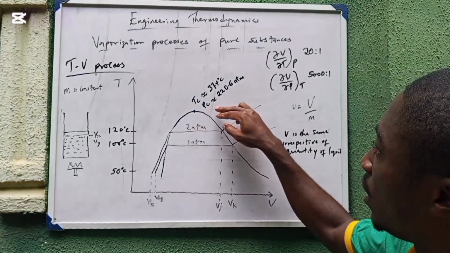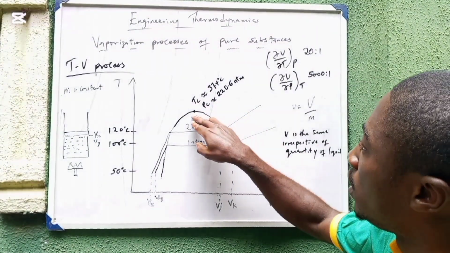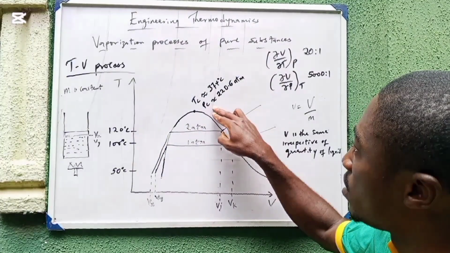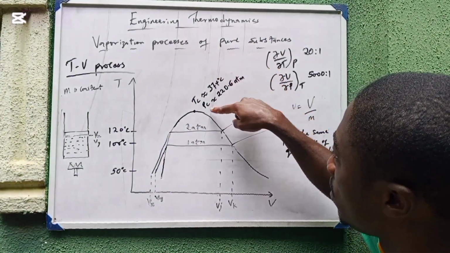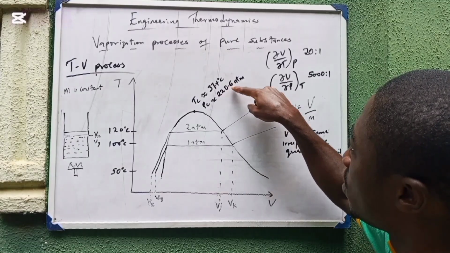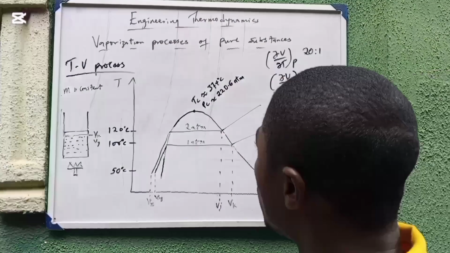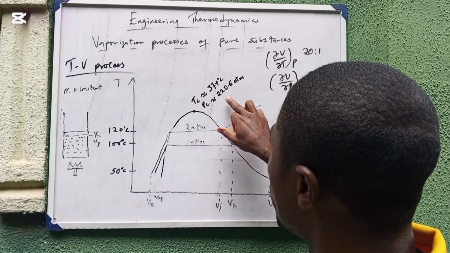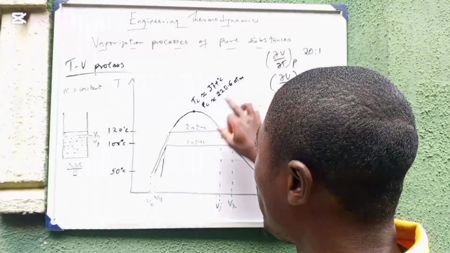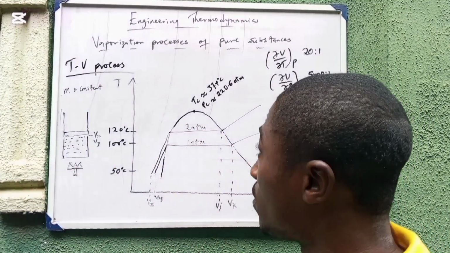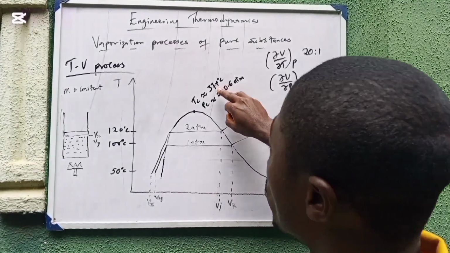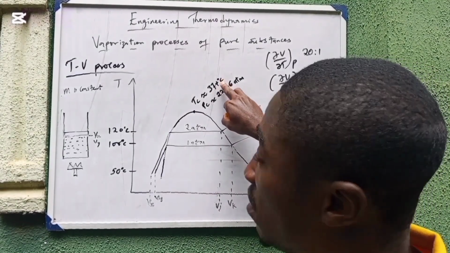Now, here we also have what we call the critical temperature and the critical pressure. We have 374 degrees C and 220.6 atm. Once you fix your pressure at 220.6 atm and you begin to heat the system, the temperature keeps rising until you get to 374 degrees Celsius.